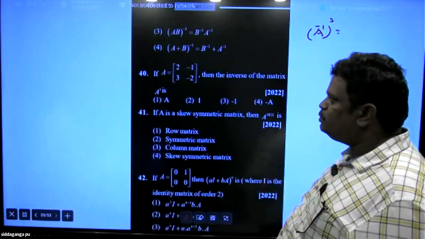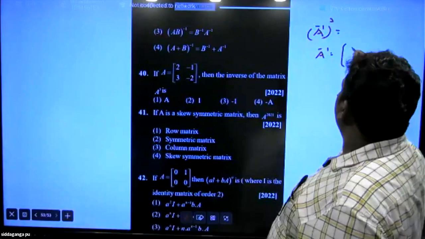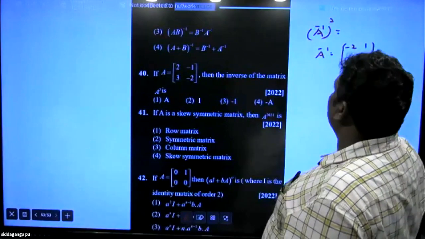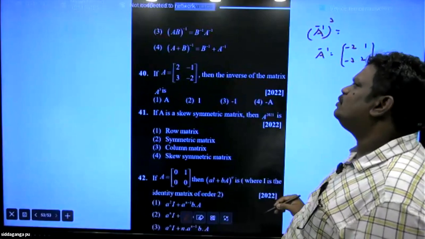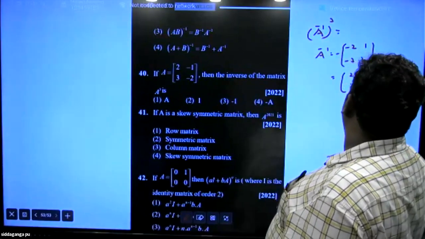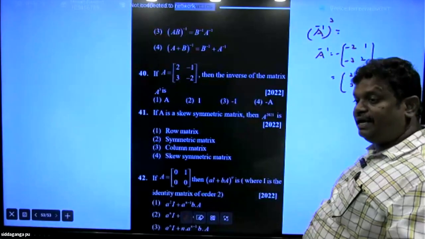First we calculate A inverse directly: we interchange the diagonal values and change signs, giving minus 2, 1, minus 3, 2 divided by the determinant. The determinant is minus 4 plus 3, which is minus 1. So the A inverse is 2, minus 1, 3, minus 2. Now we take the cube of this inverse.